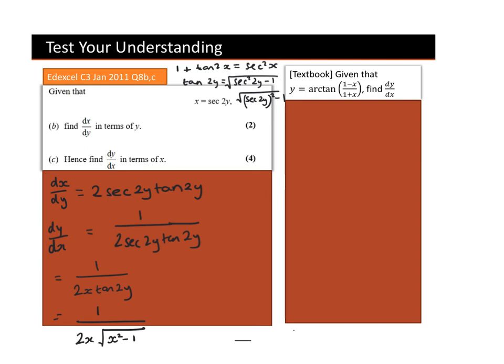We are going to have to use the chain rule, and I think we're going to have to use the quotient rule. Okay, so first of all, arctan differentiated. We should know what this is.